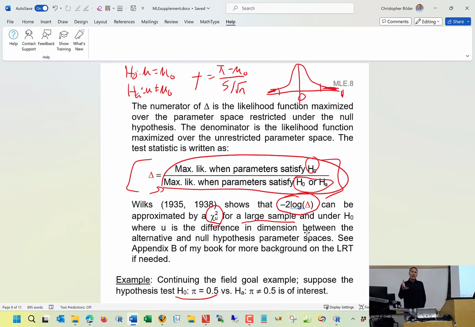And if you don't have that H0 restriction anymore, and that denominator is much, much higher than what's in the numerator, that says that restriction of H0 is just not reasonable, not plausible, given your data. And so delta will be close to 0 when the null hypothesis is false.